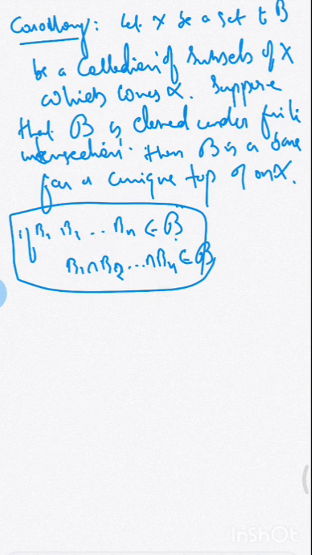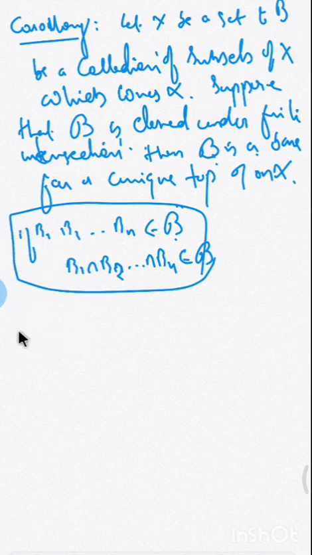Then the conclusion says that our collection script B is a base for a unique topology tau on X. Here also we need to prove the existence of a topology on X with B as base, and that the topology is a unique one. Okay, we will prove this.